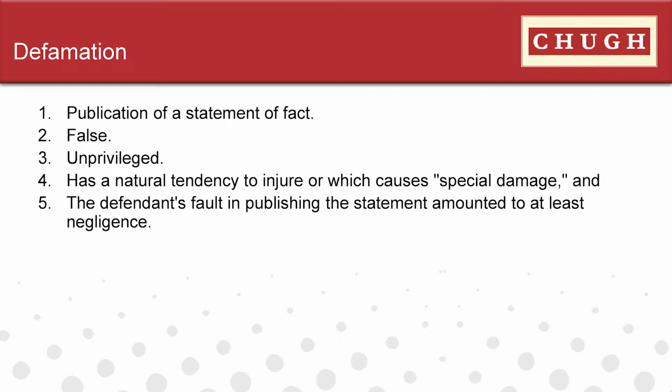If there is a case of per se defamation, and when we say per se, what we're talking about is a situation in which elements 1, 2, 3, and 5 are just easy to prove, especially element number 5. Intent, we don't even need to look at negligence. If the statement was per se defamatory, then you don't need to prove special damages.